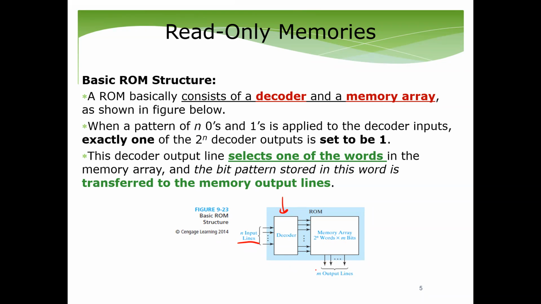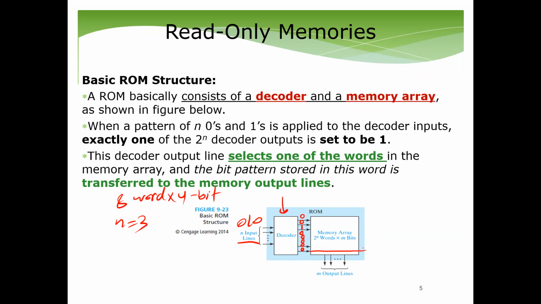Let's say this is an 8 word by 4 bit ROM. So n is equal to 3, and I have 3 address lines. Let's say this goes as 010, so this is address number 2. This line will be 1, and all the remaining lines will be 0.